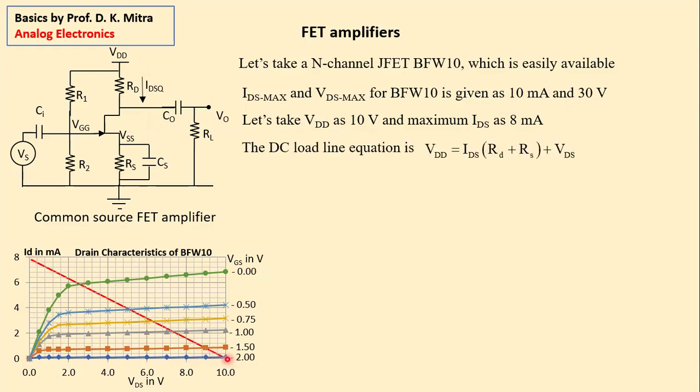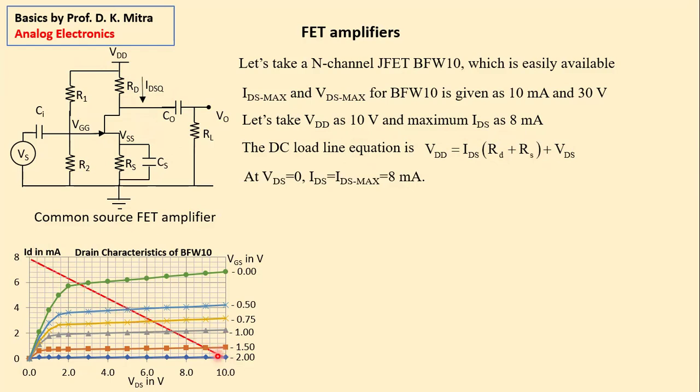Next step, what is the DC load line here? VDD is equal to ID into RD plus RS, these are the two resistances in this line, plus this potential drop VDS. So this is a straight line, and this straight line is this straight line, right?